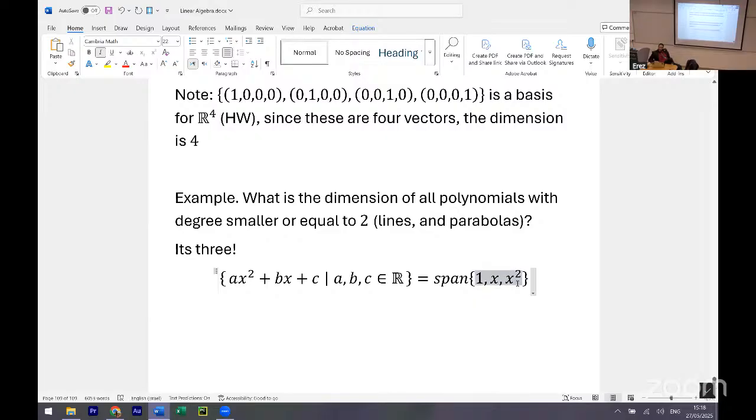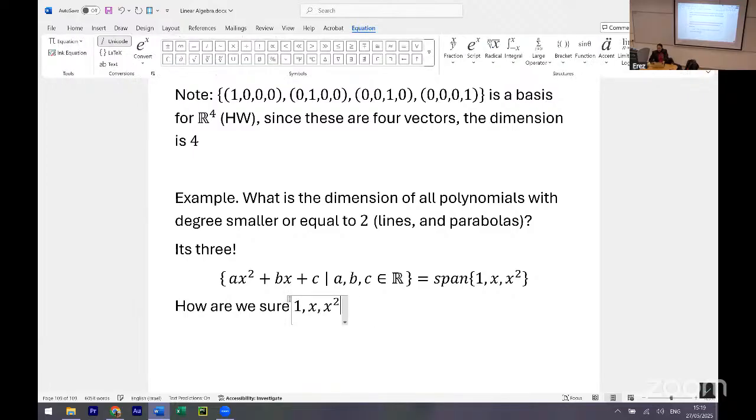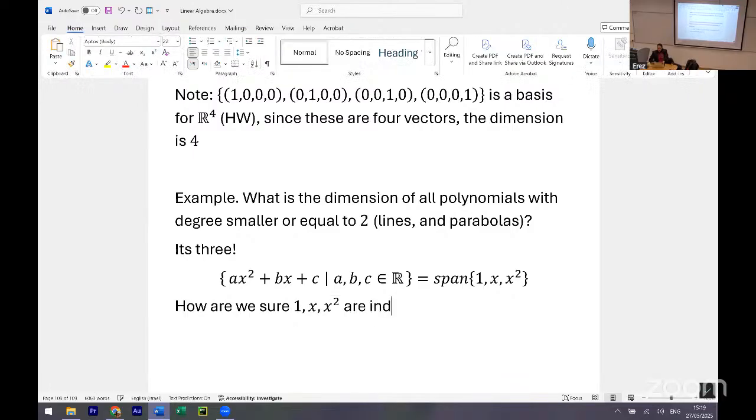Is that linearly dependent? Independent, sorry? Yeah. Why? Because x to the 0, x to the 1, x to the 2 are not in the same space. That's the question. How are we sure 1, x, x squared are independent?